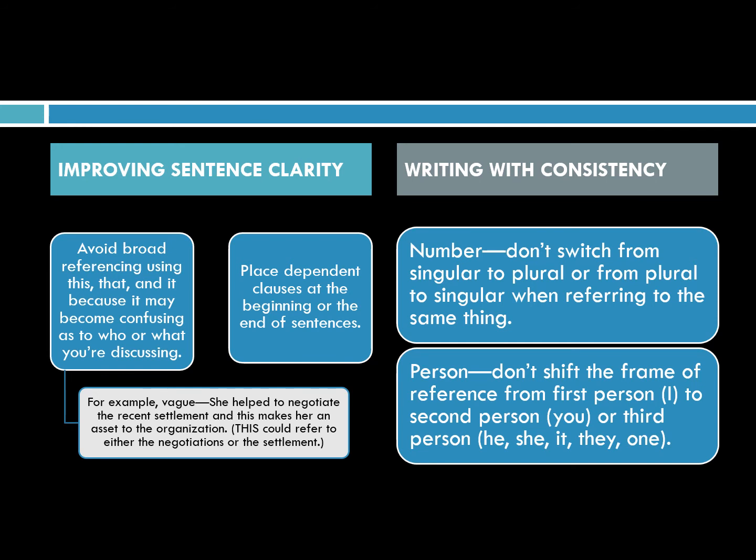Place dependent clauses at the beginning or the end of sentences as opposed to in the middle. Writing with consistency: don't switch from singular to plural or from plural to singular when referring to the same thing. Don't shift the frame of reference. So don't shift between I to you to he.